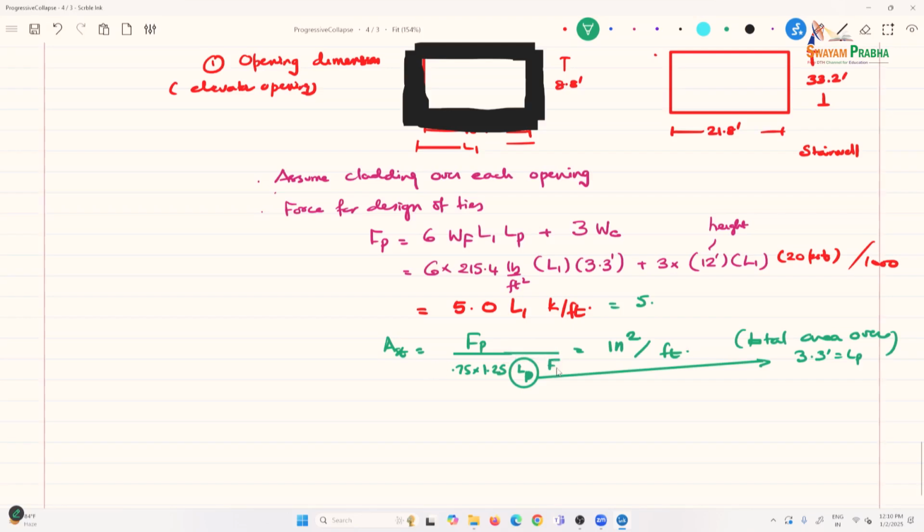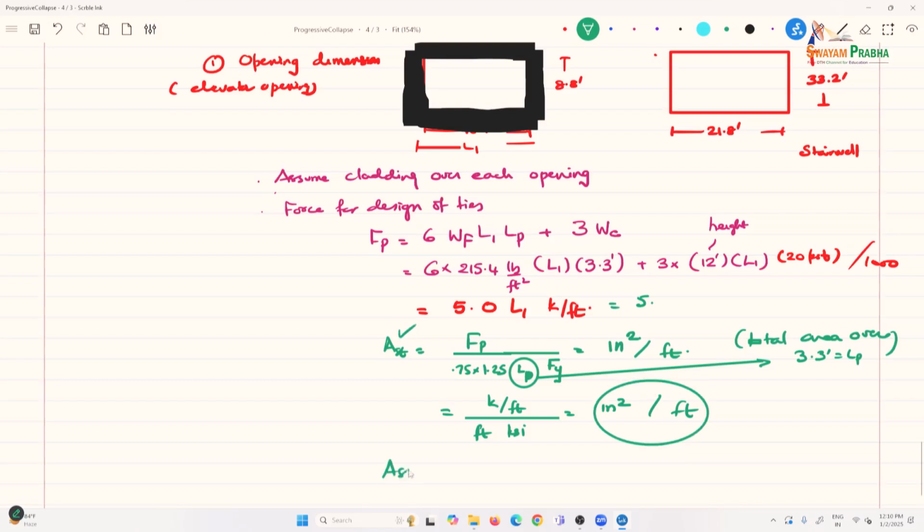Now just making sure the units are correct. This is kips per foot, so this is feet and KSI, so this will become square inches per foot. Yes, this equation is correct.